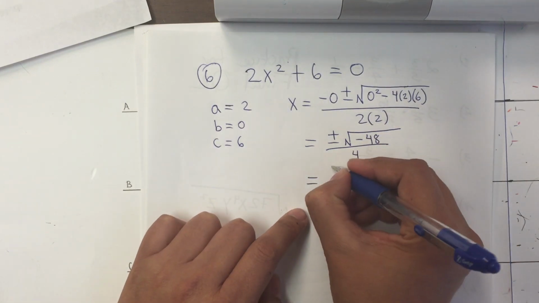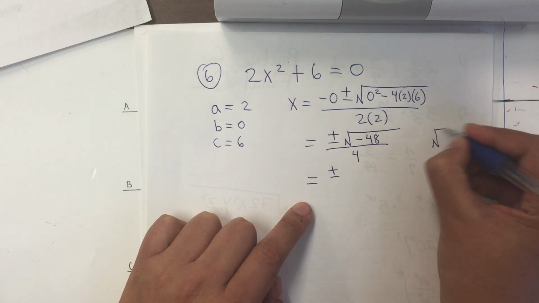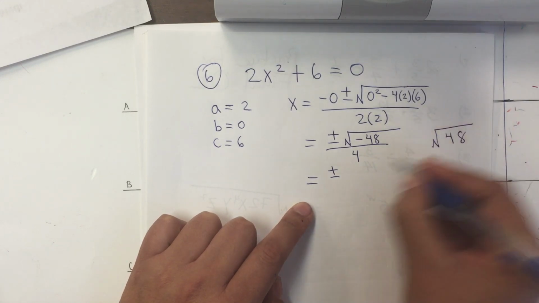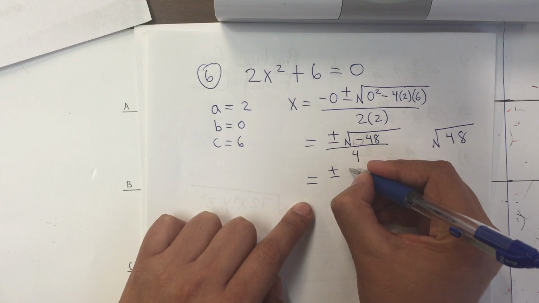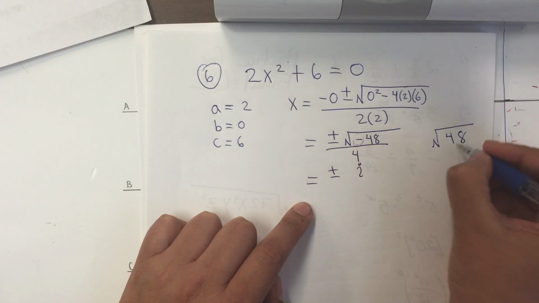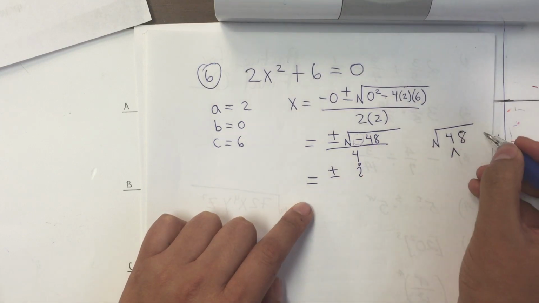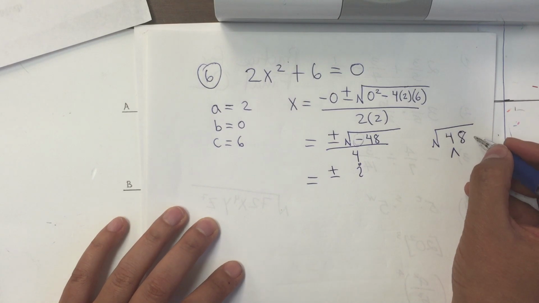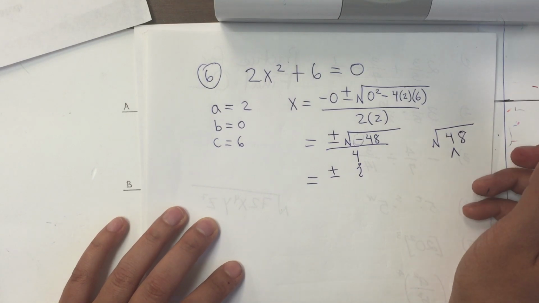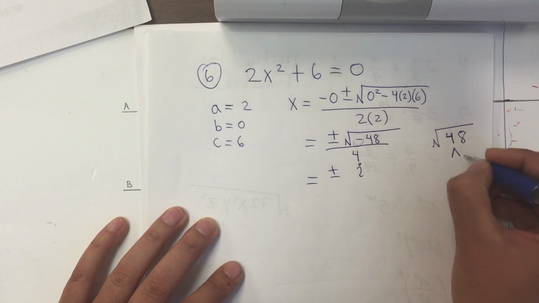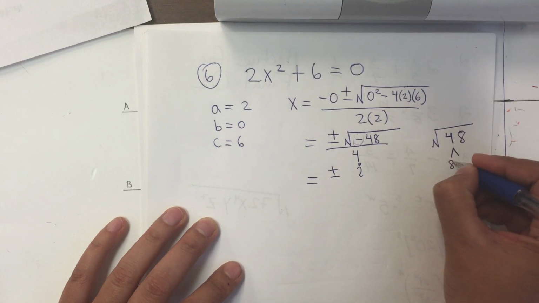And so we're going to have something very interesting in here. We have the 48, and the negative automatically becomes the imaginary number. And so we're going to start simplifying the 48 by doing the prime factorization.